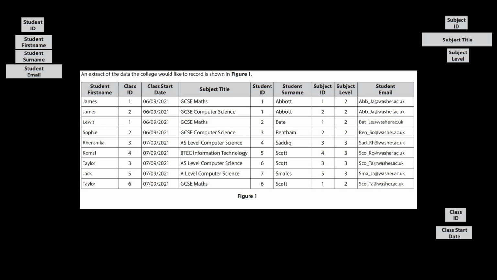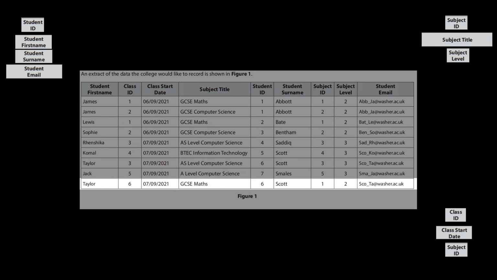However, we need to make a link between these tables, so I need to move to the next step of normalization, where we're going to associate primary keys as foreign keys to create the links between the tables. The first table that we need to do this to will be moving the subject ID into the classes table along with the class ID. This will allow us to have multiple classes that have the same subject being taught.